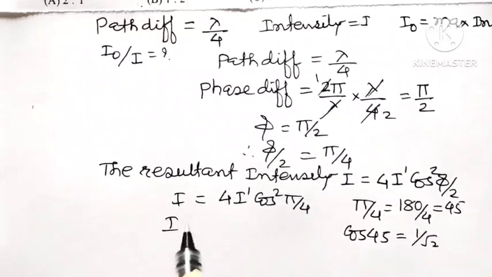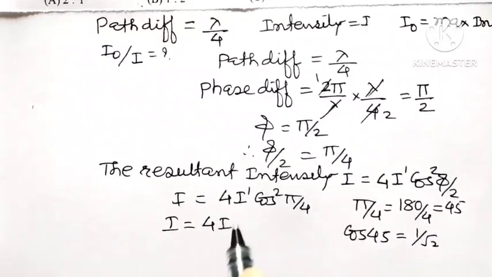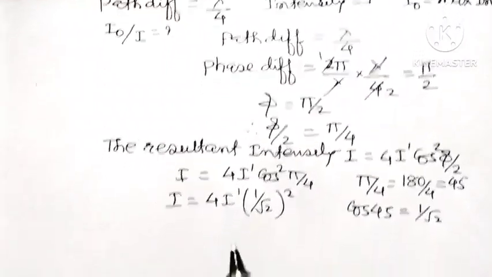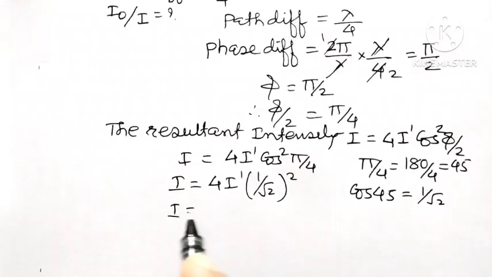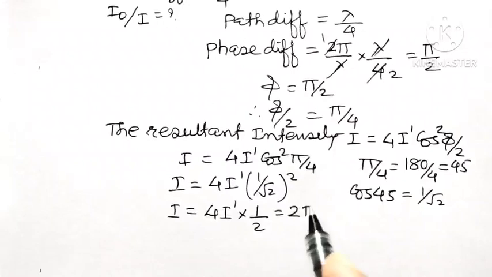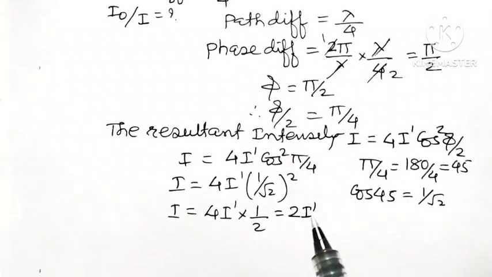So I is equal to 4 I dash into 1 by root 2 whole square. The square of 1 by root 2 is 1 by 2, so I is equal to 2 I dash.